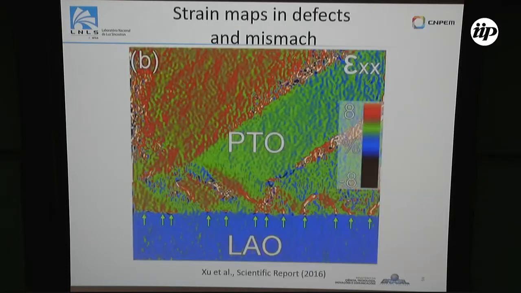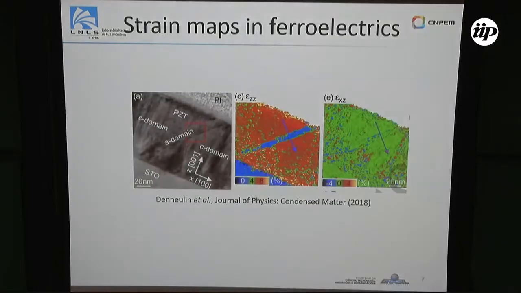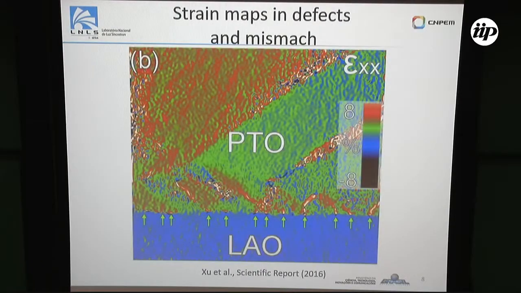I also show an example of lead titanate grown on a lanthanum-aluminate substrate. The difference of colors shows the mismatch of the film, and in several places indicated here, we have defects. We have dislocations at the interface that are the misfit dislocations.